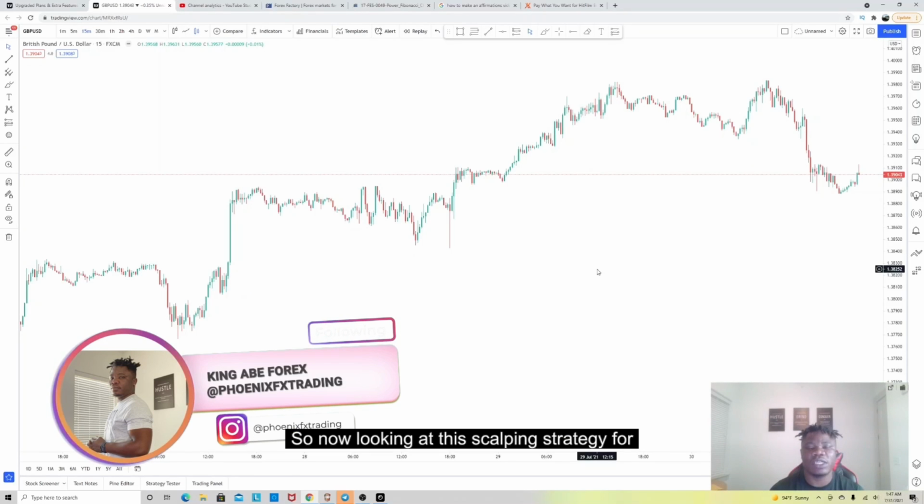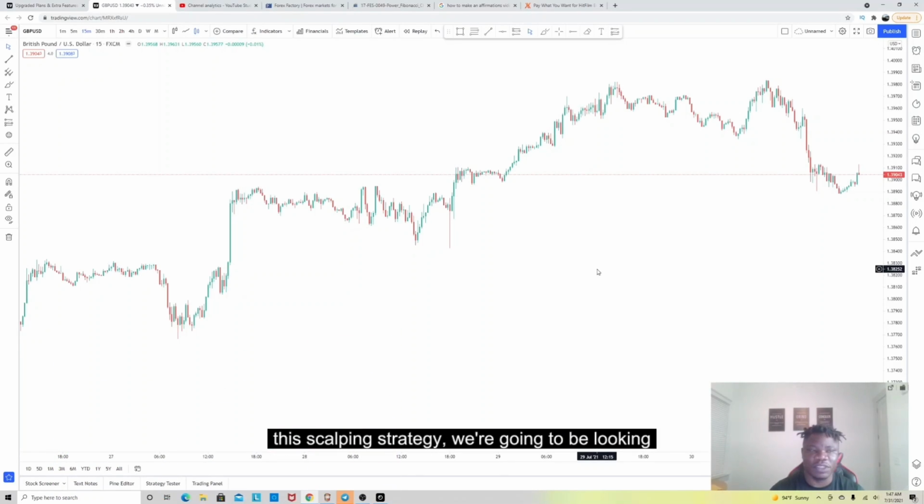For this scalping strategy, we're going to be looking at the 15-minute time frame, and I recommend you use it on the 15-minute time frame.